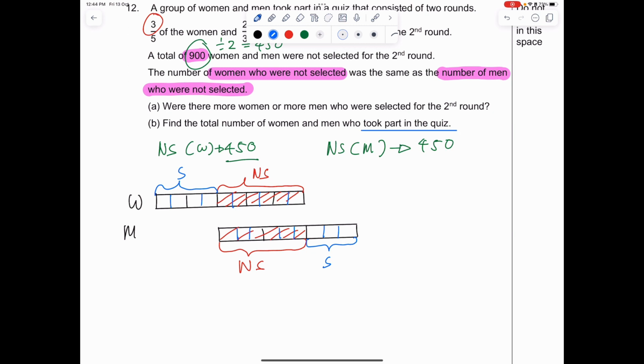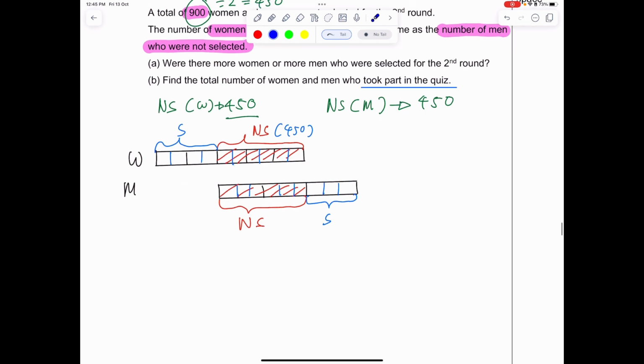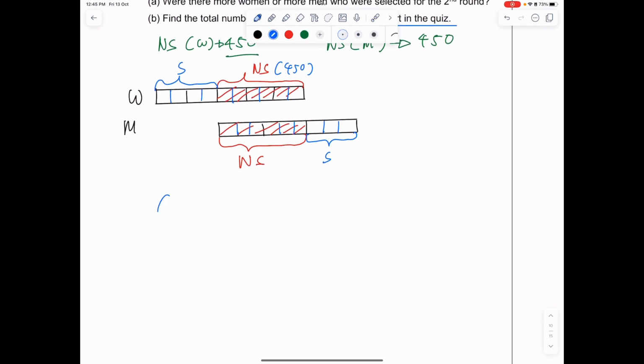Very easy. Because this is 450. So we know that, count with me. 1, 2, 3, 4, 5, 6. 6 units equals to 450. So 1 unit would be 450 divided by 6. Your answer will be 75.